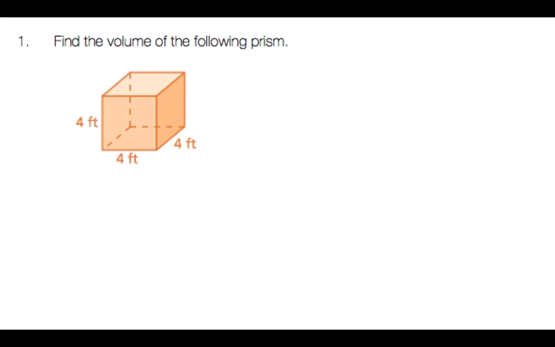As mentioned before, when we're finding the volume, our first goal is to identify the base. Once we've identified the base, and in this case it's a square, we want to substitute that in for the base. So we have that as our length times width, and now we just want to plug in our numbers.